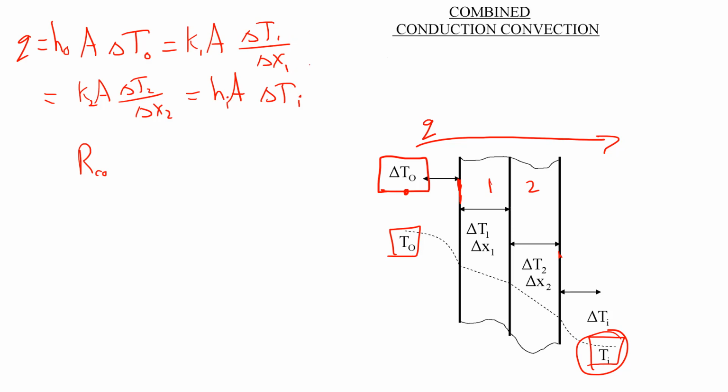And I'd get the following: Q over A times the addition of all those resistances, which basically helps me to derive how to calculate the effective thermal resistance of materials aligned in series, which simplifies to the following equation. My effective resistance for heat transfer flowing through materials that are in series, I just sum them all up.